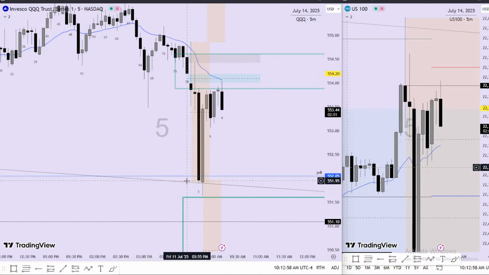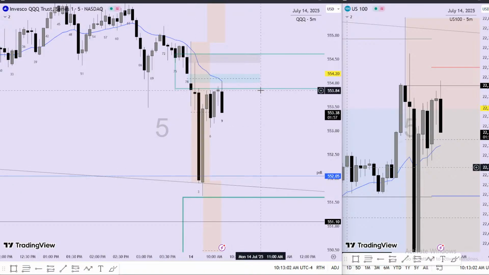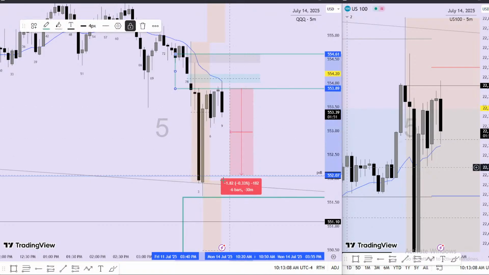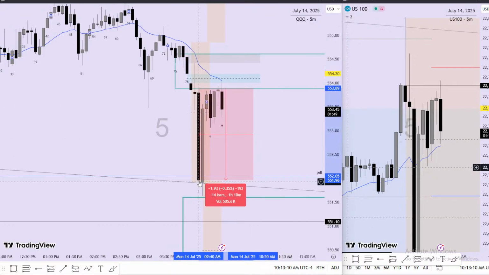Bears who sold this bar and sold above this bar will get out at break even. Their break even price is 552.92.